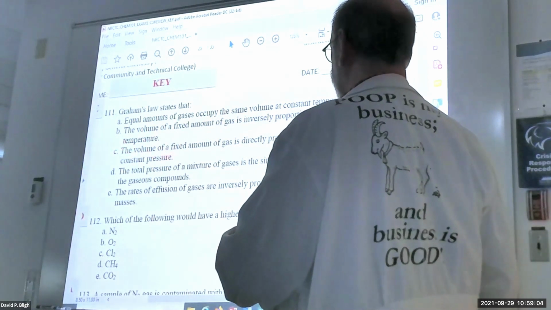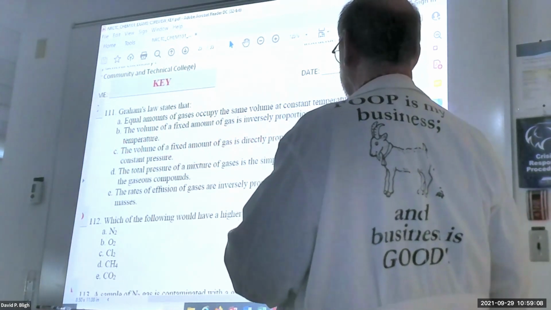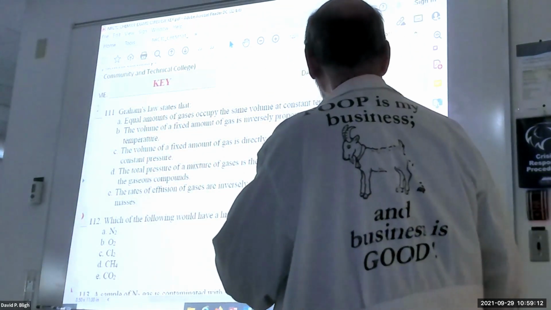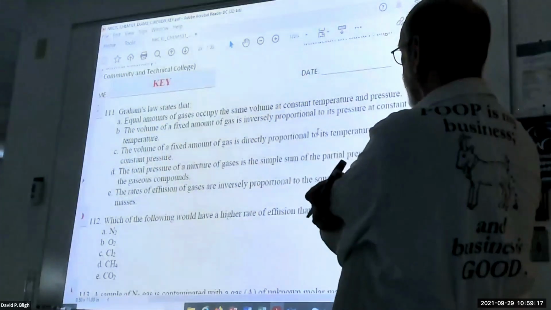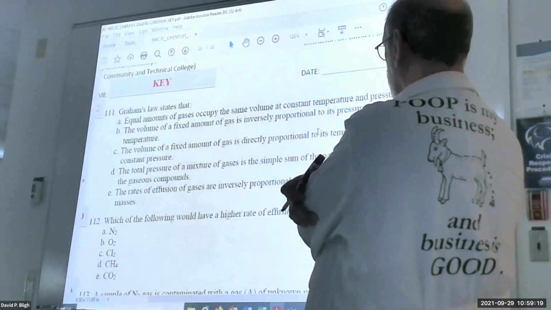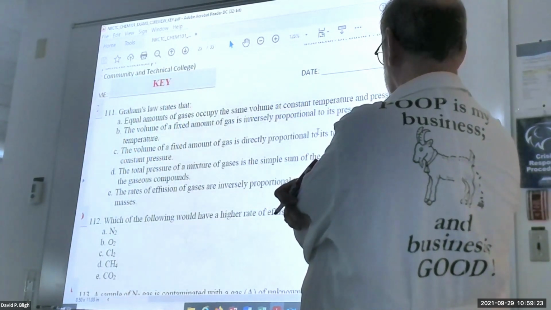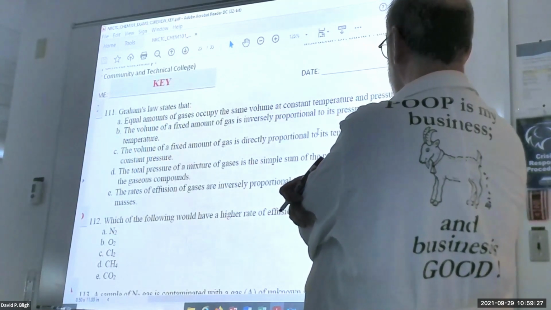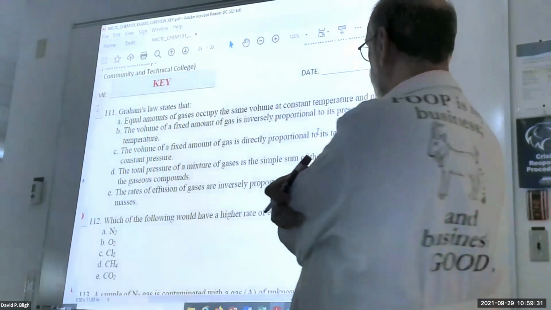The volume of a fixed amount of gas is directly proportional to its temperature in Kelvin, that must be at constant pressure. The volume of a fixed amount of gas is directly proportional to its temperature. No, that's not Graham's law. That's Charles' law, volume and temperature.